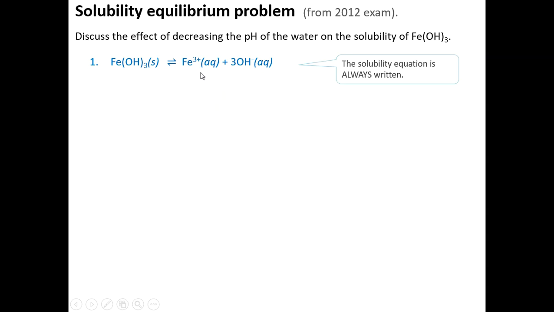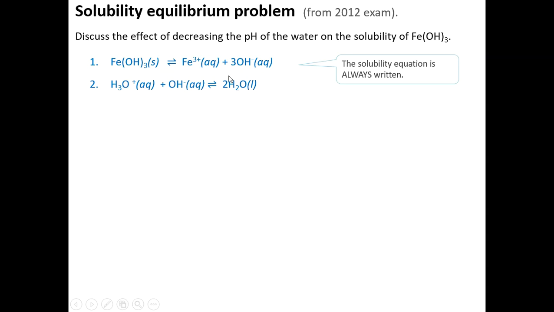So if I have hydroxide, pH, remember, is the hydronium ion, but the hydronium ion is in equilibrium with hydroxide ions to form water. So if I add more hydronium ions, it's going to react with any hydroxide ions that are present in the water, because water is in equilibrium with these hydroxide and hydronium ions.